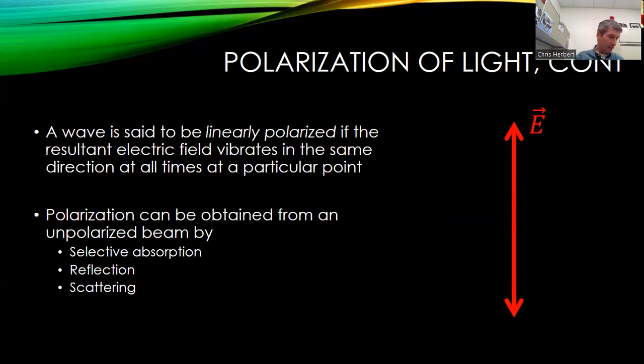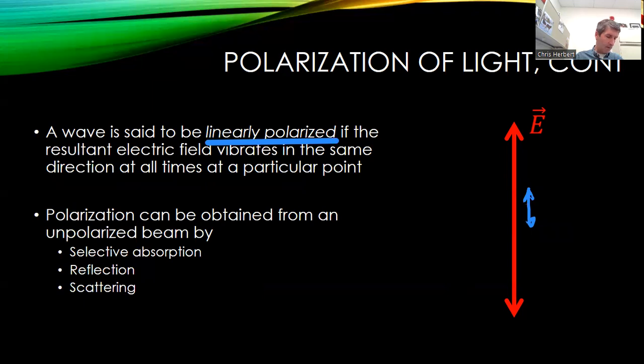Linear polarization, as we'll see, is just one way that we can polarize light. If it's linearly polarized, I'm going to say that my electric field can only oscillate in one direction. In this case, only up and down here.